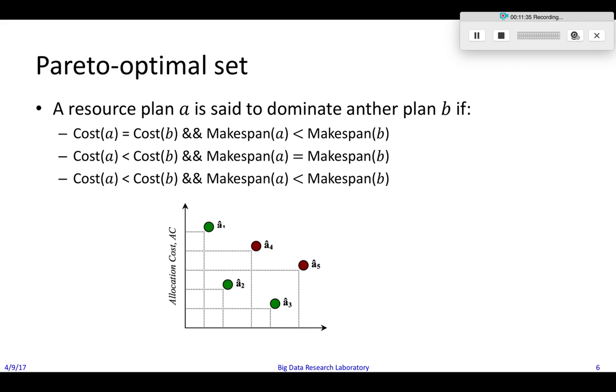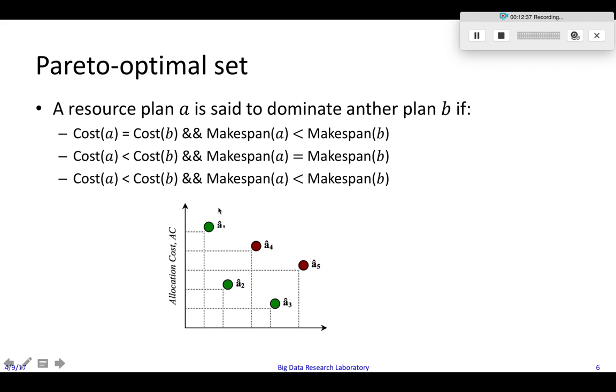Based on this example, if plan A is said to dominate plan B, we can have these cases: cost A equals cost B and makespan A is smaller than makespan B, or cost A is smaller than cost B and makespan A equals makespan B, or cost A is smaller than cost B and makespan A is smaller than makespan B. And based on the graph below, we can see that A3 dominates A5, A2 dominates A4 and A5, and A1 dominates A4 and A5.